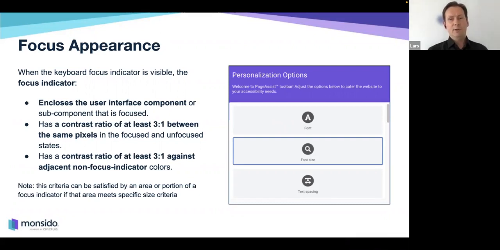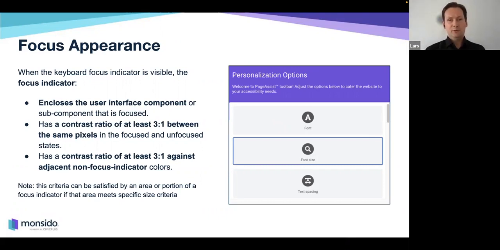For example, let's say you have a website with a blue background. And in Chrome, the default focus indicator is a blue rectangle. That would in reality give you a blue focus indicator on a blue background, and you would not be able to see it. And as it was before, that was actually okay as long as you did not yourself adjust the default focus indicator's blue color. That will not work anymore.